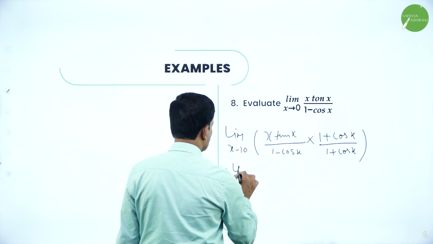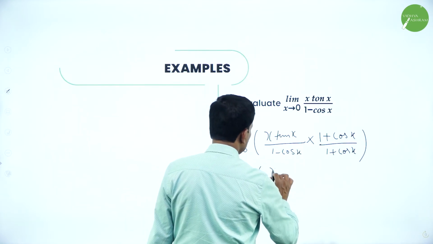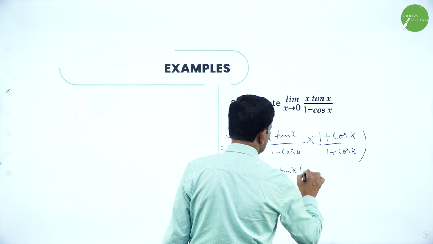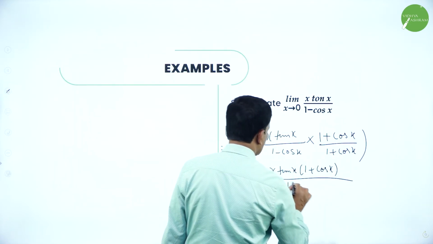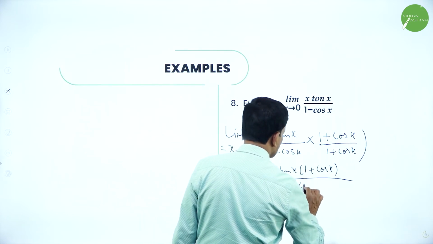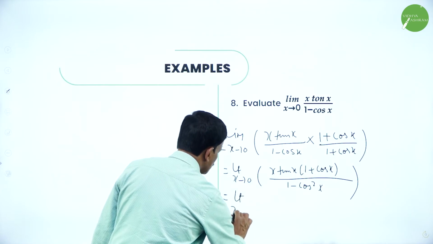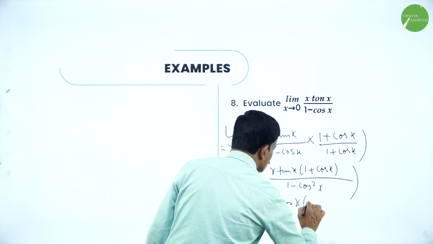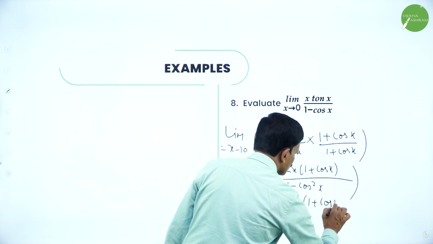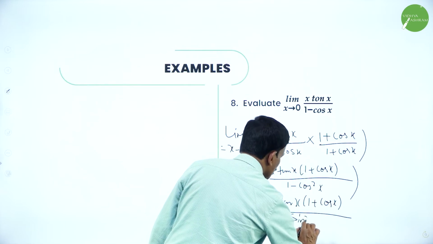So this is equal to limit x tends to 0 of, numerator x tan x into (1 plus cos x), divided by, in the denominator, (1 minus cos x) into (1 plus cos x), which is 1 minus cos square x. Now this can also be written as limit x tends to 0 of x tan x into (1 plus cos x) divided by, denominator 1 minus cos square is sin square x.